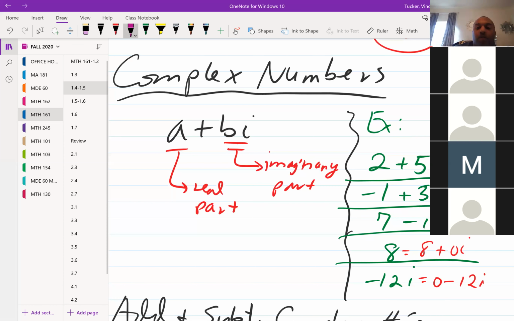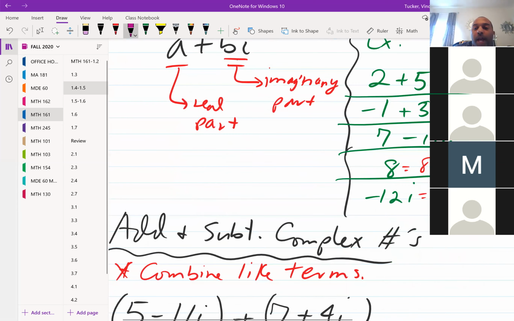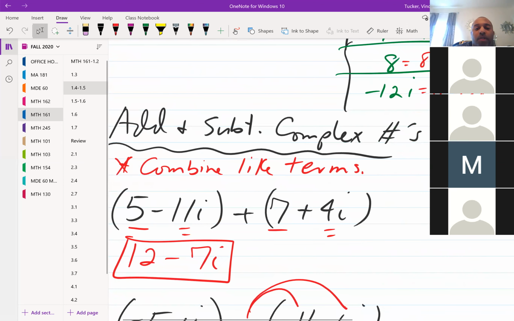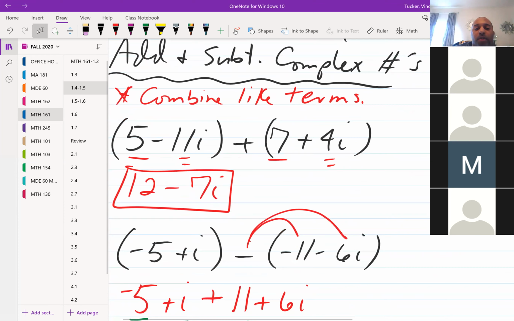All right, so adding and subtracting complex numbers are just combining your like terms.